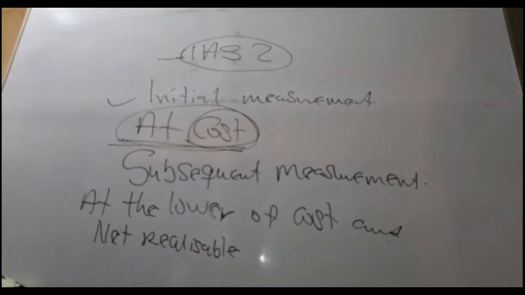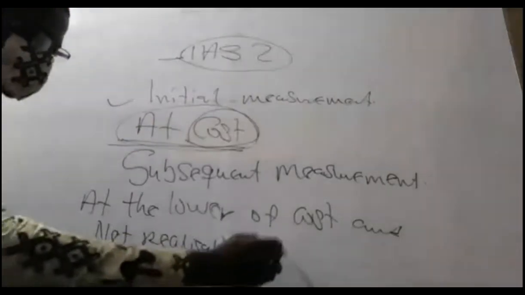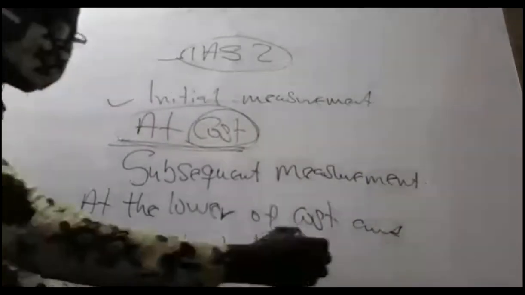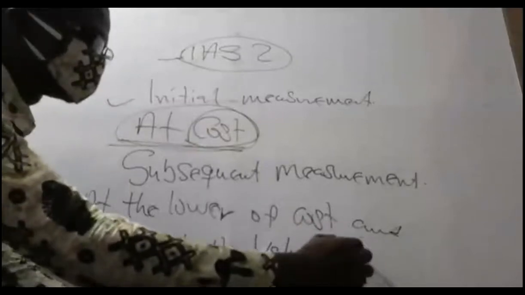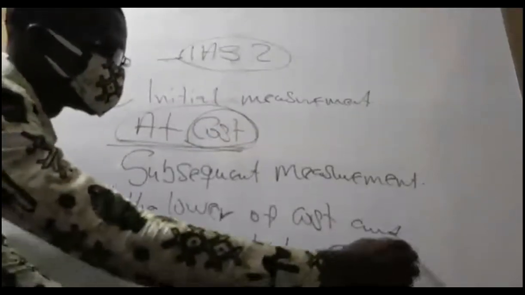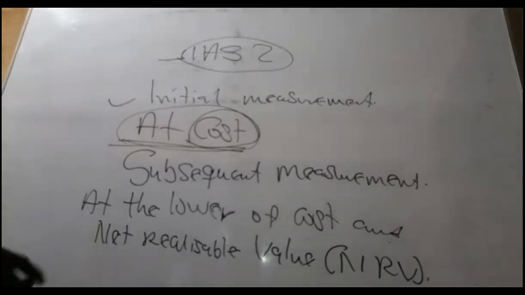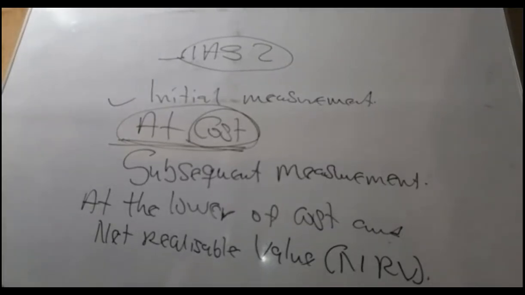Net realizable value, popularly known as NRV. Good. So basically, compare and select the least among these two. We are done. The lower of cost and NRV.